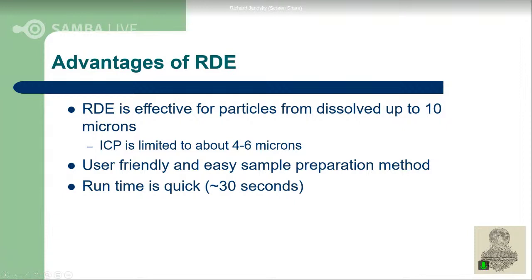There's a quick and easy sample preparation method. And a short time after you start that prep, you can take samples, run them, and get instantaneous results after your run. And that run time, as mentioned, is also very quick. It's about 30 seconds from the start of the test, and you have your results in hand and ready to review.